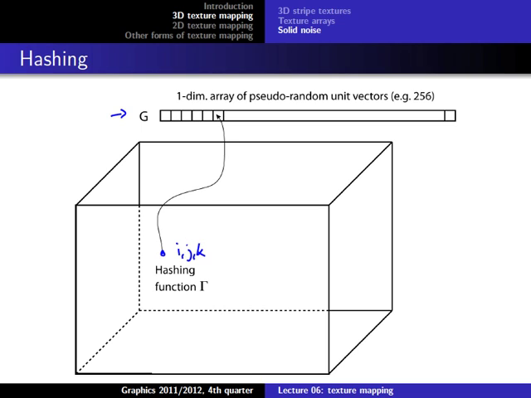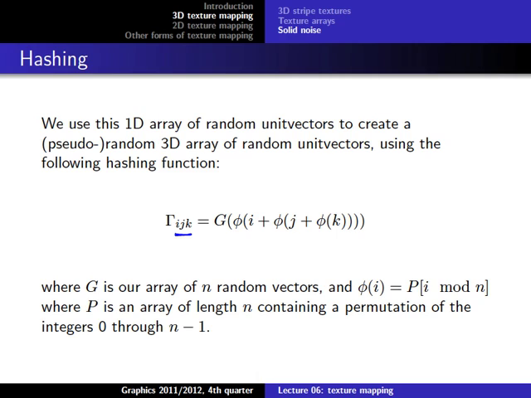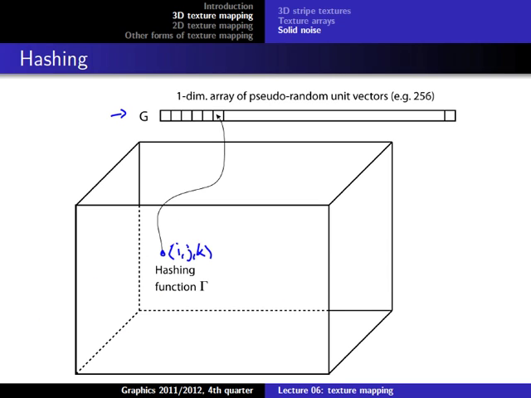Since we don't have a 3D array, we have to take one of these values here, and we get that by using a permutation of these values from 1 to the length of the array G for each of the coefficients, and then we get one value in this array.